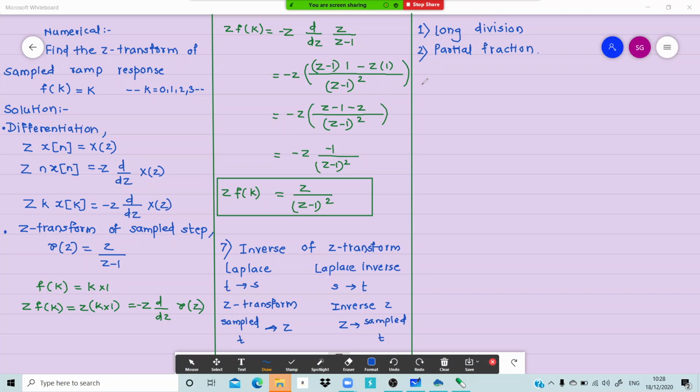Okay, so I'm going for the first method, that is long division. Instead of explaining anything related to that, I would like to take a numerical, okay? Because that will be self-explanatory.